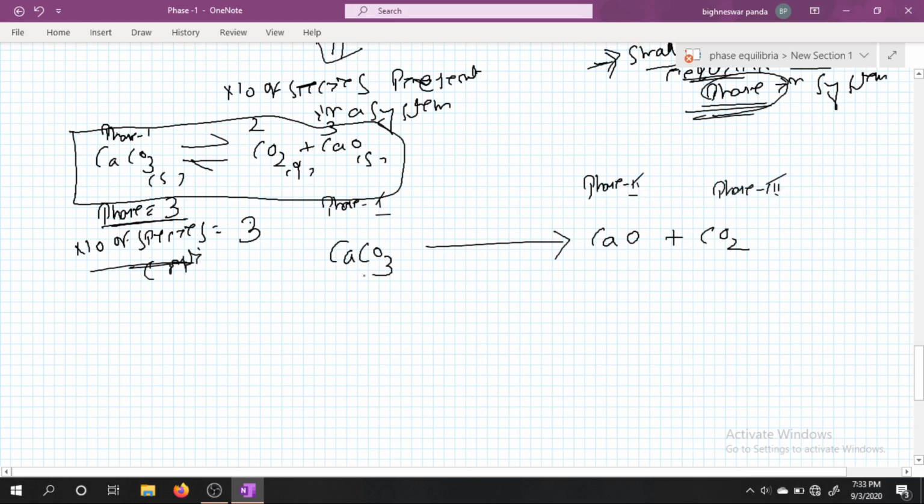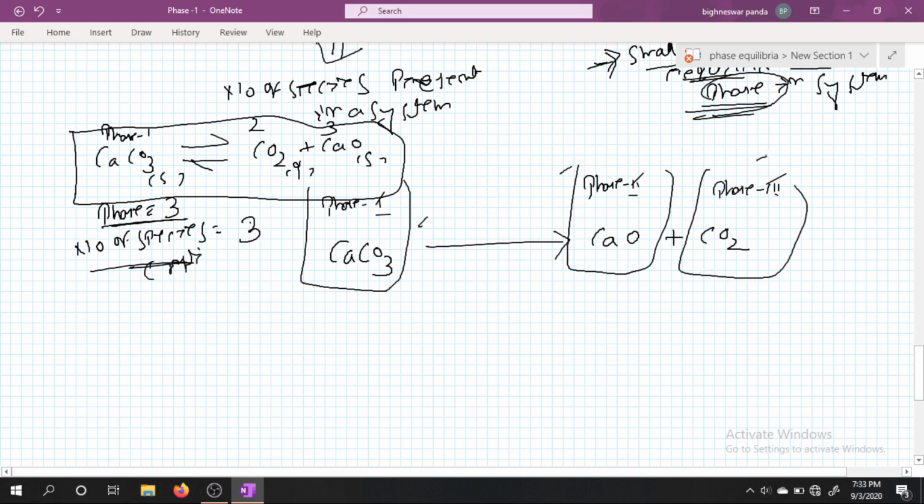Phase 1 involves calcium carbonate, 2 involves calcium oxide, and 3 involves carbon dioxide. So in order to define this phase or this phase, I need a minimum number of constituent. In order to define this phase and this phase, I need a minimum number of constituent, and this minimum number of constituent is called number of component.